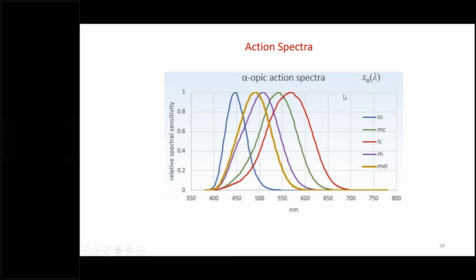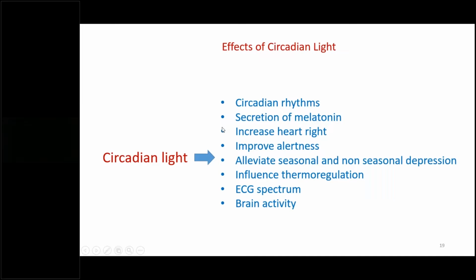So basically you would weigh the spectral power distribution with these action spectra, and that will give you the respective irradiance. So if you weigh it with the melanopic action spectrum, it will be melanopic irradiance. I'll talk more about the standard a little bit later.